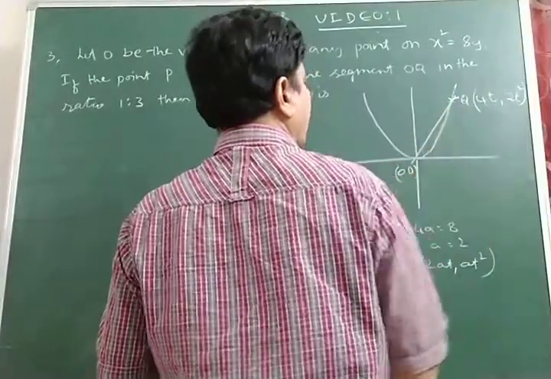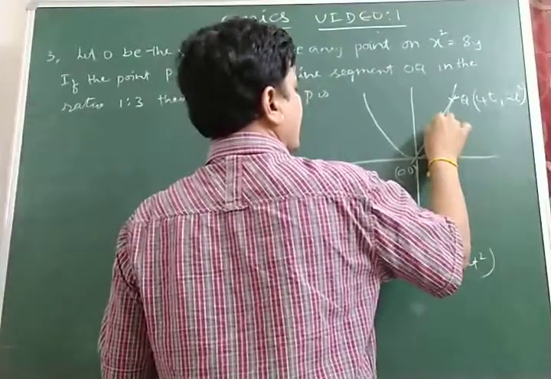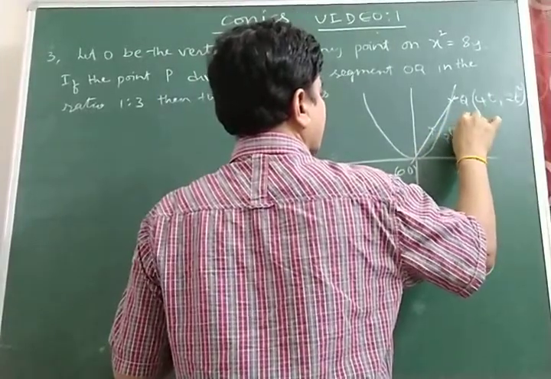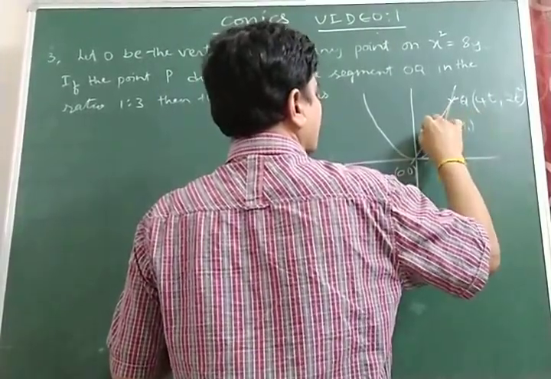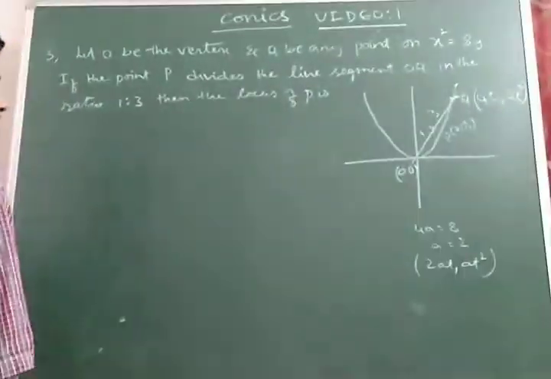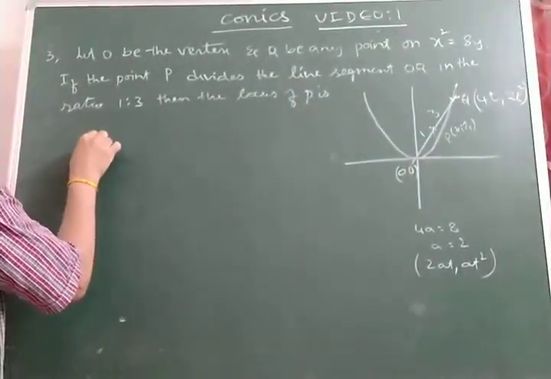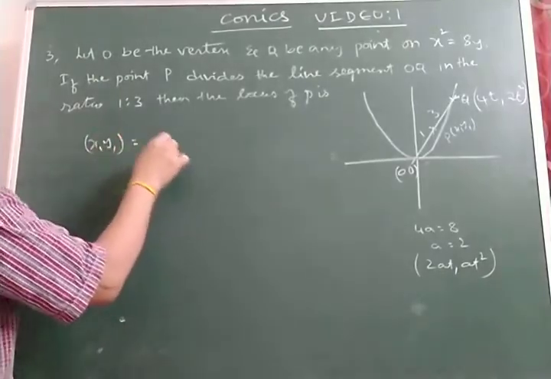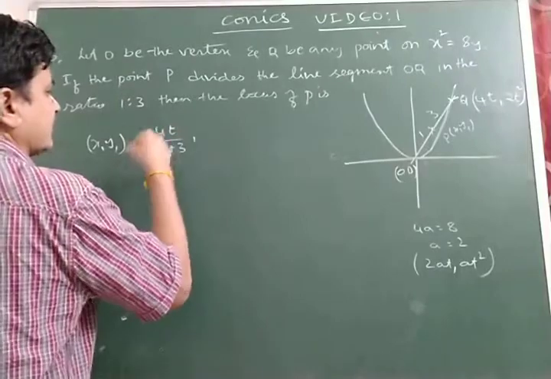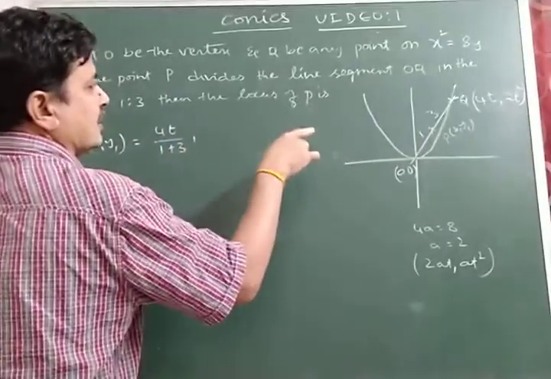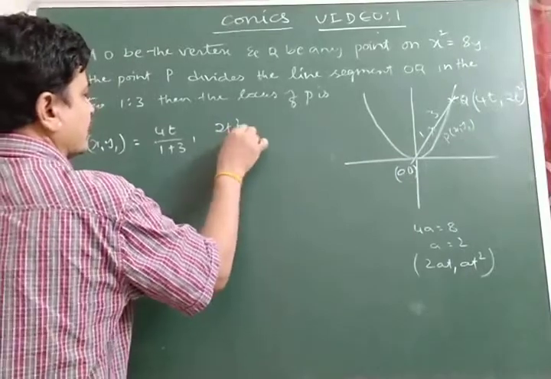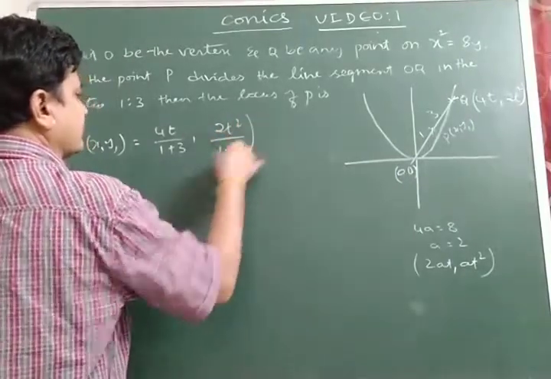Join OQ and we take a point P(x1, y1) which divides OQ in the ratio 1:3. So (x1, y1) = (1·4t/(1+3), 1·2t²/(1+3)).